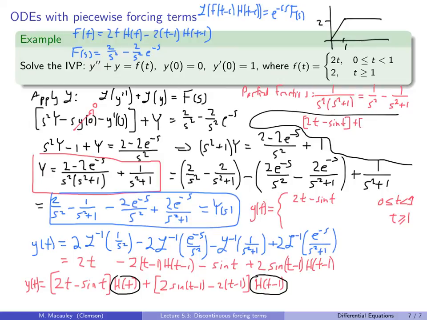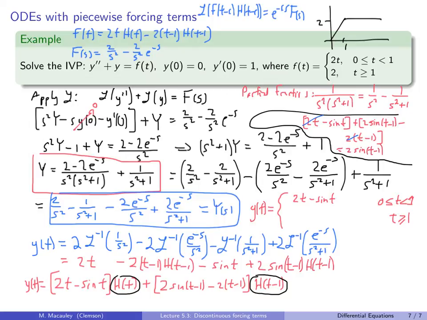We get 2 sine of t minus 1 minus 2 times t minus 1. Some things are going to cancel here. I think that 2t is going to cancel with that 2t, because we have a negative sign there. So we get 2 sine of t minus 1.